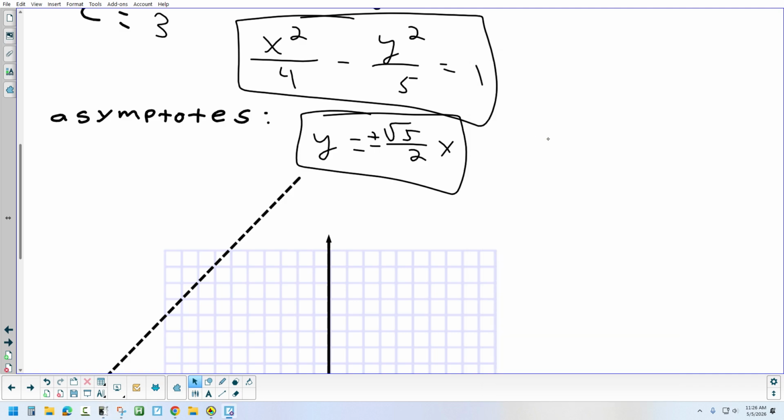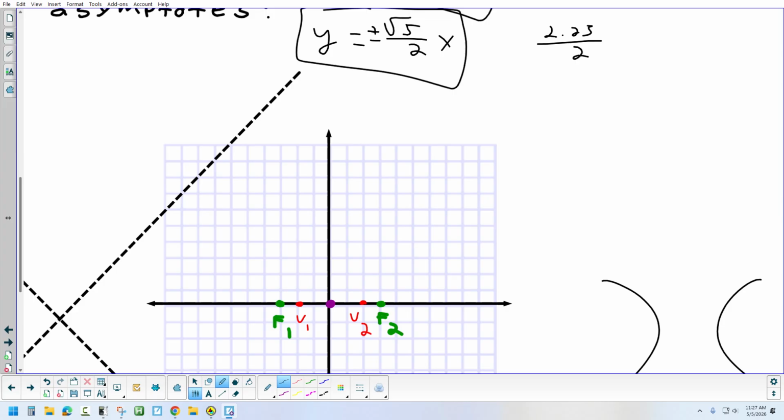Okay. So we've got that's our rise and run. If I go up a little bit more than 2 units, and then right 2, puts me at about 2.22, and then I'm going to do it again. So I'm going to go up to 4.4, and then right 2 more.